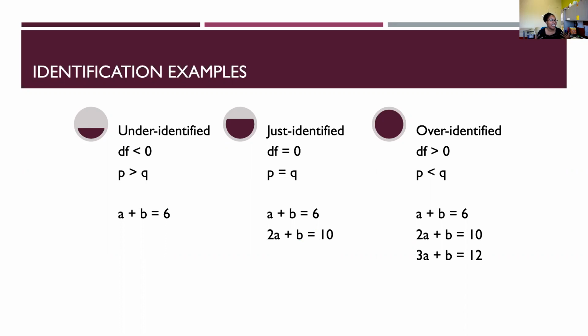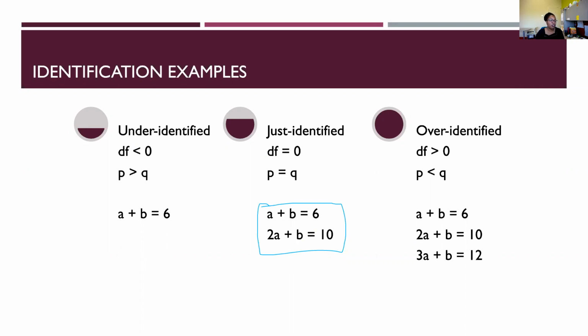You don't have anything to limit a and b. So a and b could just be anything and you can get to 6. We don't have a way to narrow it down. When a model is just identified, that means we have just enough information to have exactly one solution. So if we know that a plus b equals 6, and we know that 2a plus b equals 10, then, through the magic of solving equations, you can get to a equals 4 and b equals 2.